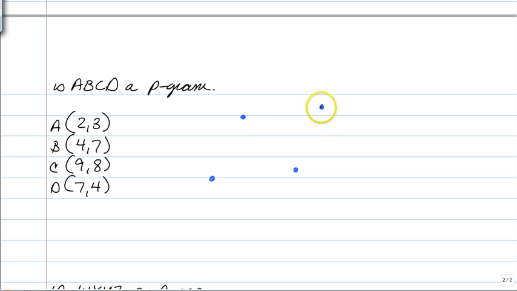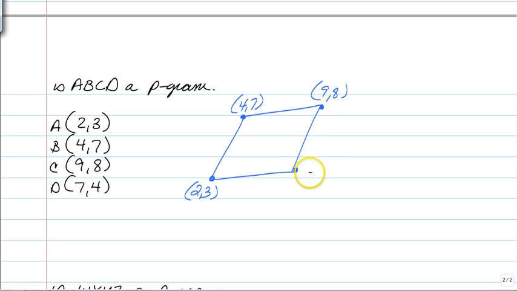And then we're going to have 9, 8. So we just arrange it as if it was a parallelogram, but we do not assume that it is. So we have 2, 3, 4, 7, 9, 8, and 7, 4. We have A, B, C, and D.